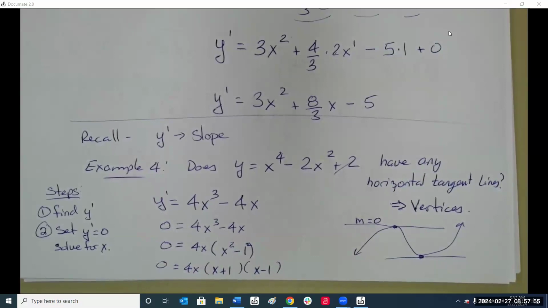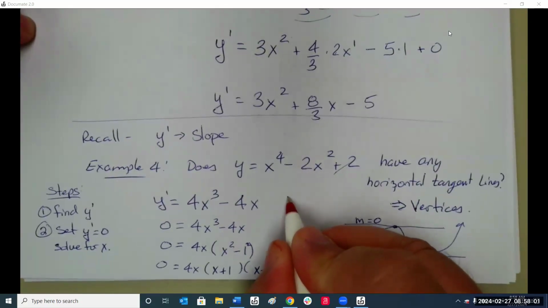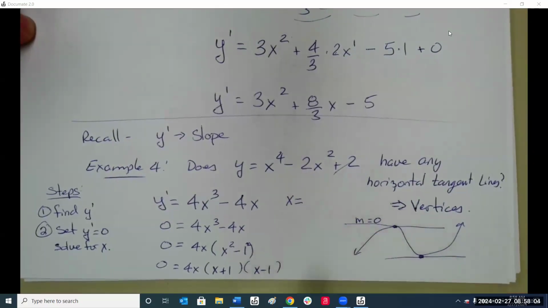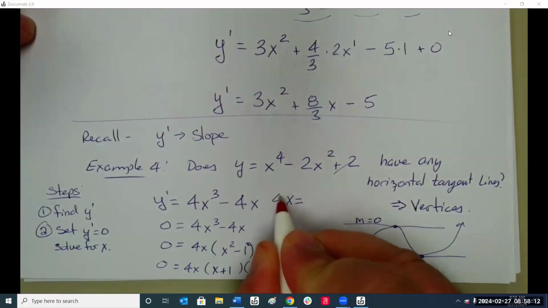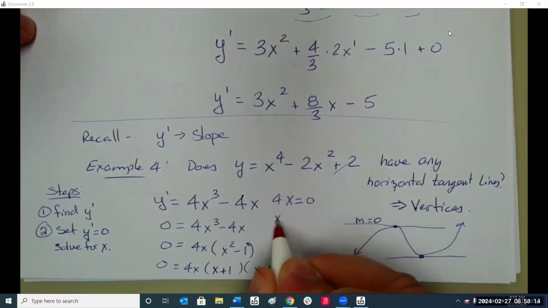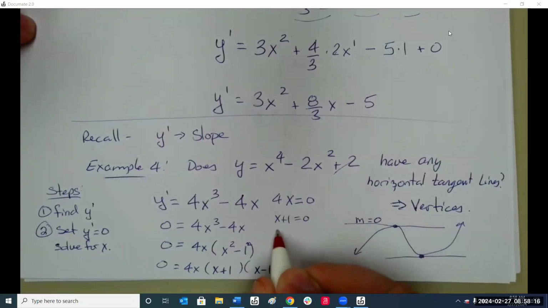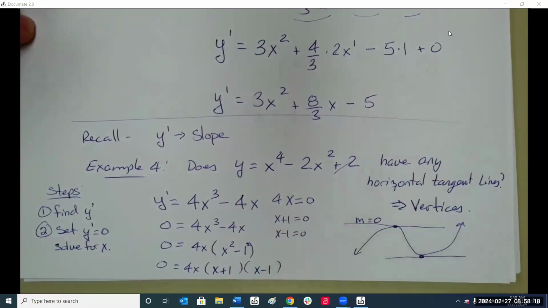So what are the x's where we have our vertices? What are the x's that make it equal to 0? Okay, take each of these, set them equal to 0. What do they give us?